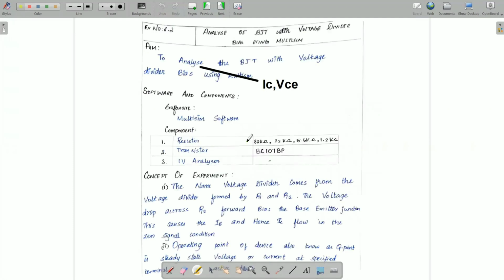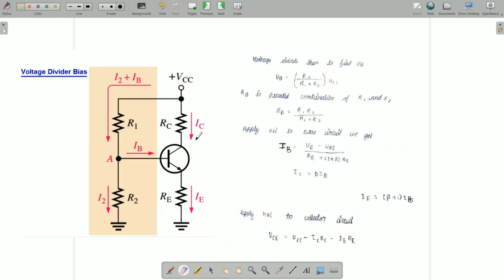Let's move on to voltage divider bias. Here also we are going to analyze, that is, find the Q point, that is, find IC and VCE. Let's move on to the concept. This is a circuit of voltage divider bias. The name comes because of the formation of a voltage divider by R1 and R2.